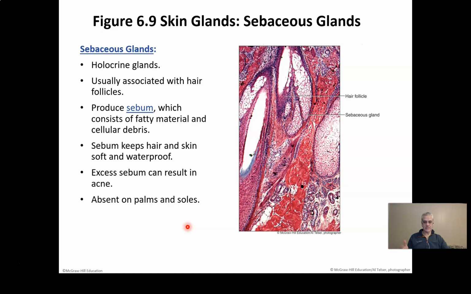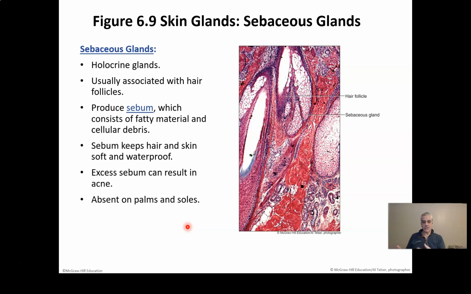But holocrine glands are glands where the secretion is really the entire cell itself. I won't say it destroys itself, but the plasma membrane around that cell ruptures, and all of the contents inside that cell are the secreted contents. So a sebaceous gland is a holocrine gland in that sense.